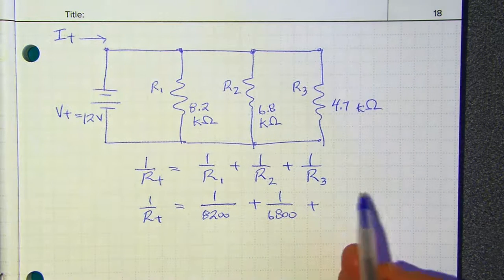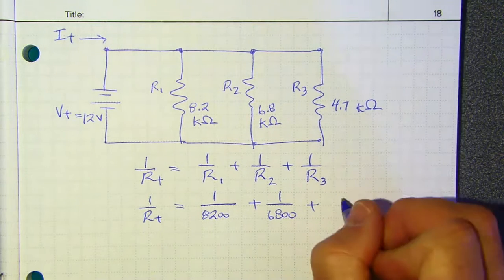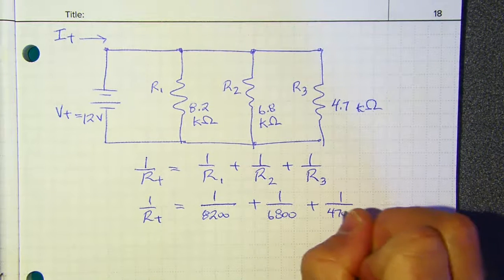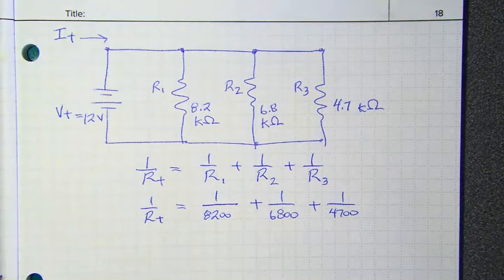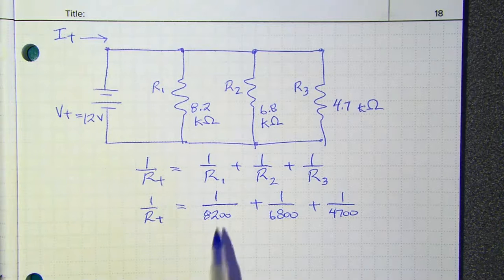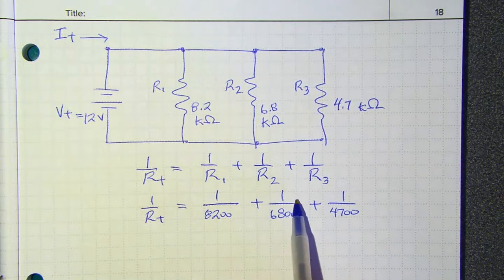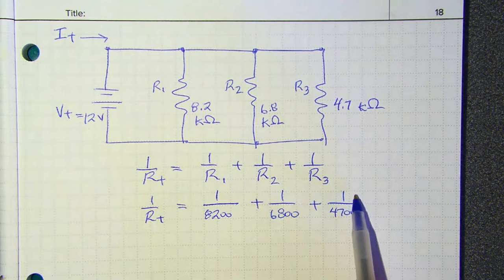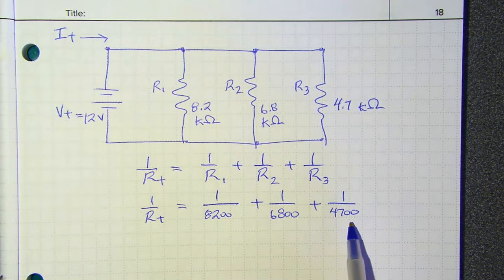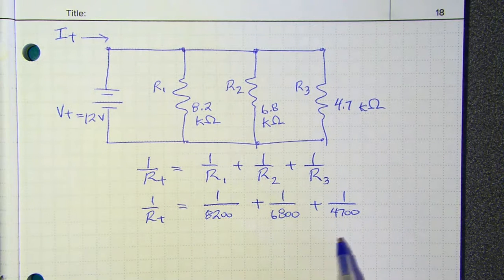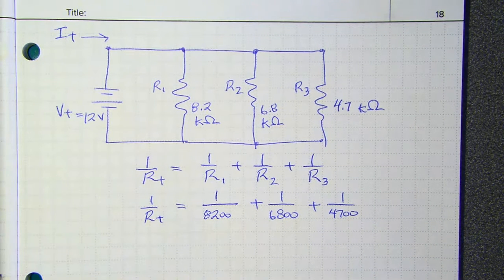And then the last one, 4.7 kilo ohms, is really 4,700 ohms. So now, we could do the 1 divided by 8,200 and get a decimal, and then the 1 divided by 6,800 and get a decimal, and the 1 divided by 4,700 and get a decimal, and then add them together. And then we could solve for R sub T by inverting whatever the sum of those decimals is.